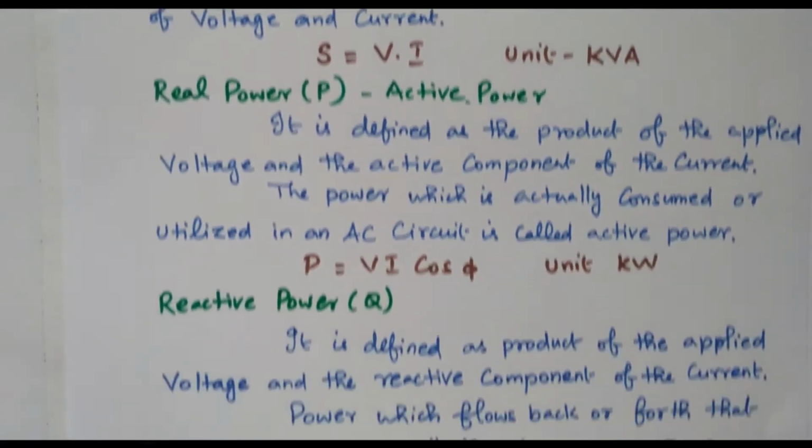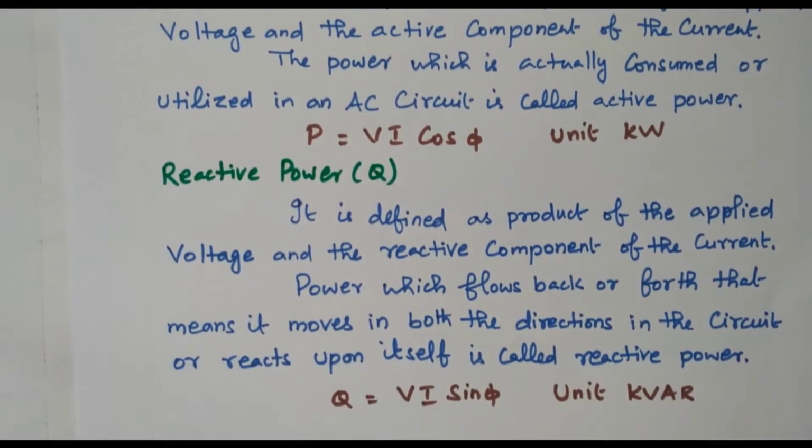Then what about the reactive power? It is defined as the product of applied voltage and the reactive component of the current. What is the reactive component? Power which flows back and forth, that means it moves in the circuit and reacts upon itself. Some power is required to activate the circuit, and that is called reactive power.